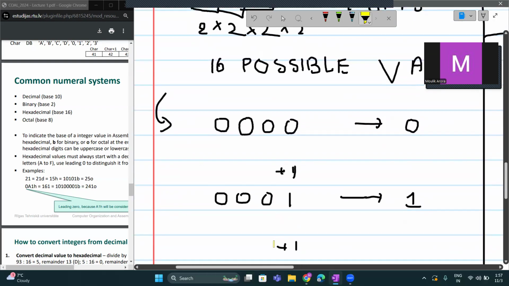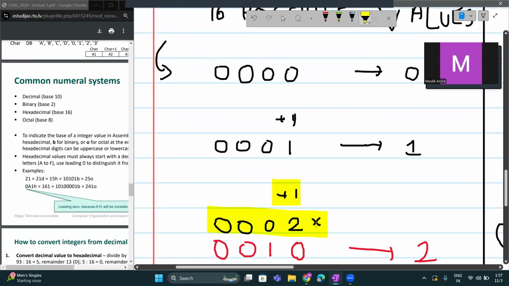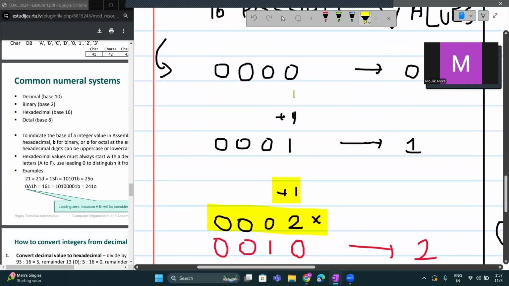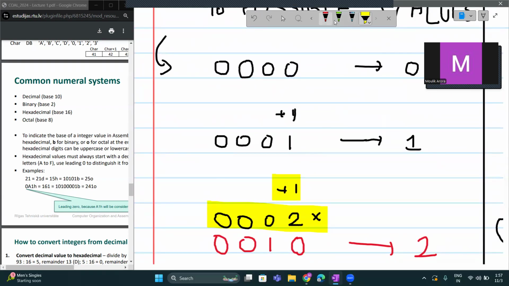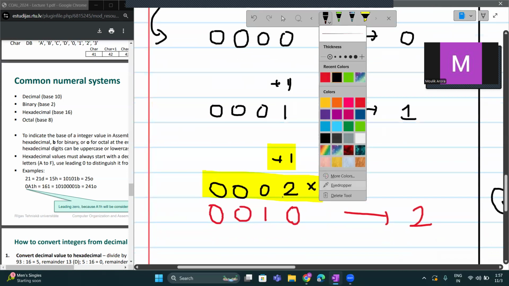When we try to add another one to make it 2, we would get 0 0 0 2. But that is not possible, because we can only represent zeros and ones. In any computer, it's always zeros and ones.